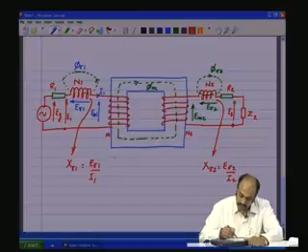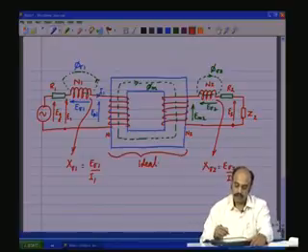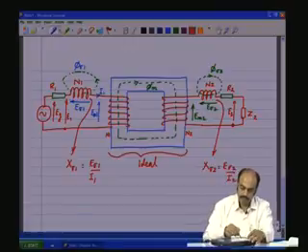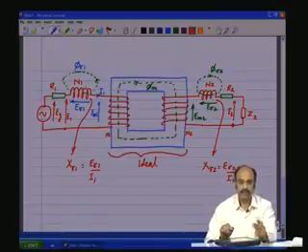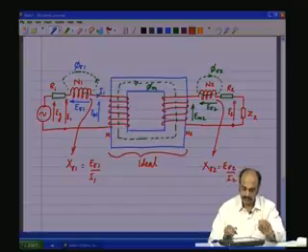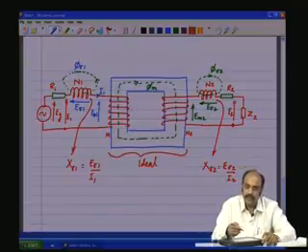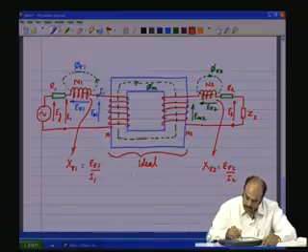Now, this transformer here we said was ideal, but if this portion of the transformer is now considered to have the imperfections of the core loss and the magnetizing inductance, then the equivalent circuit we discussed in the last class would come into place in this portion.